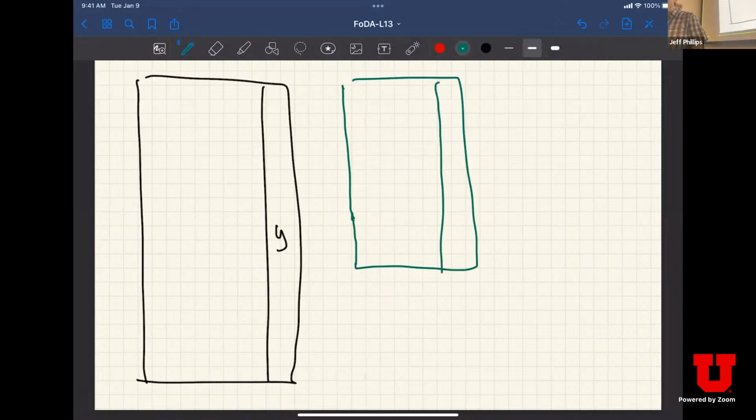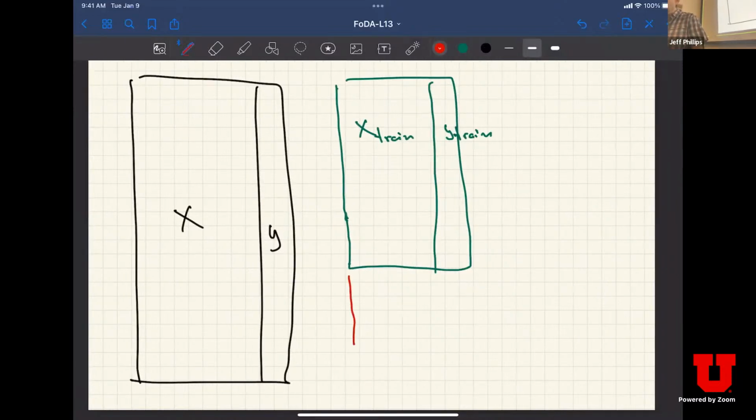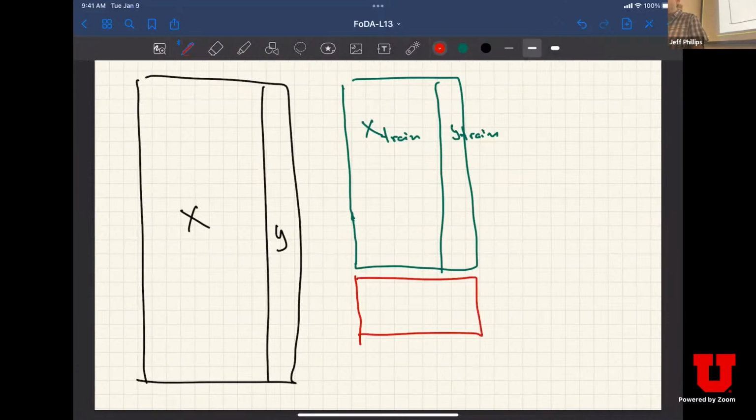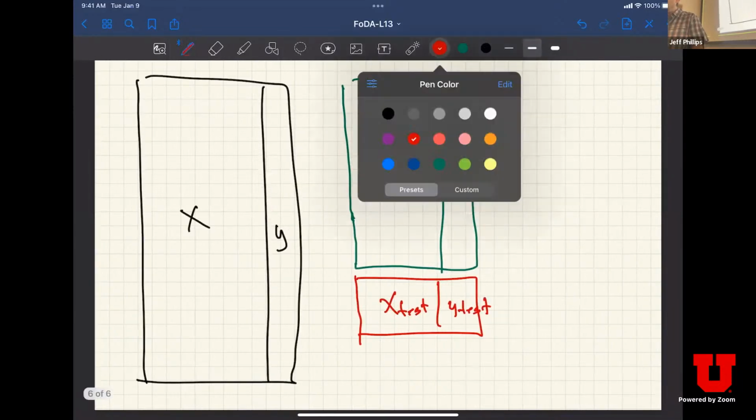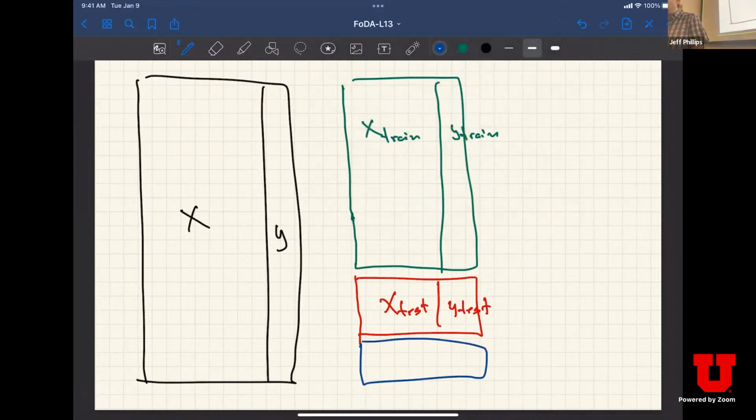So this is X train, Y train. Then you have X test, Y test, and then you'd have a validation set.